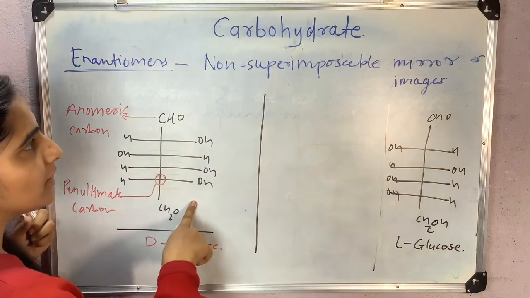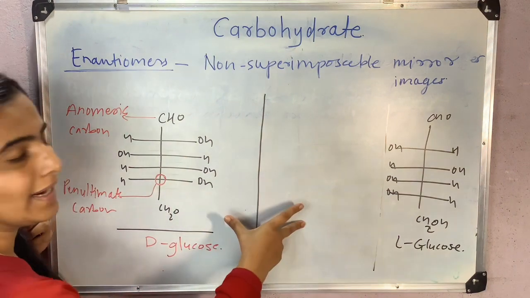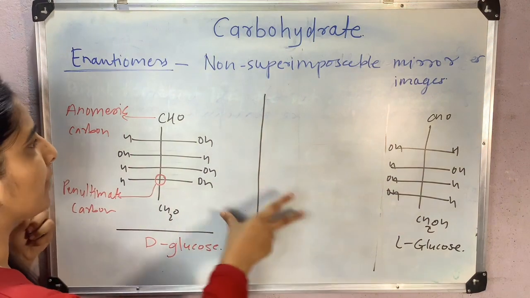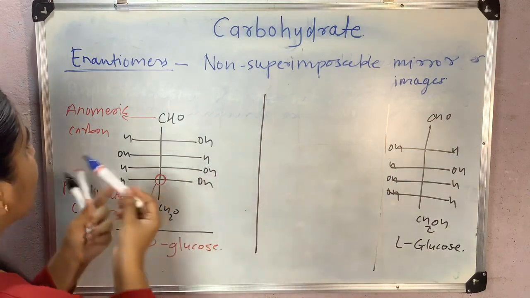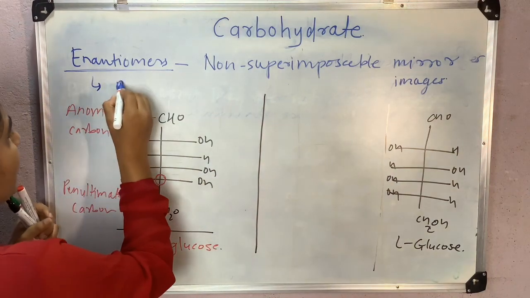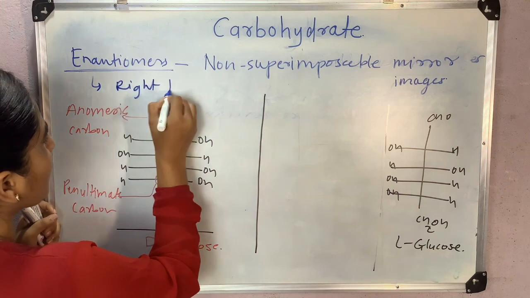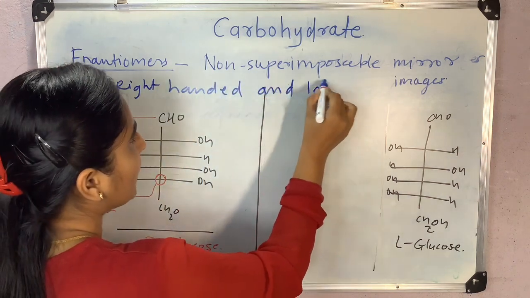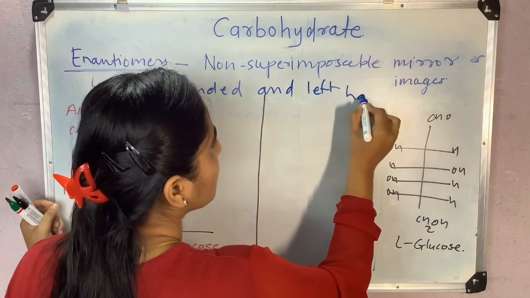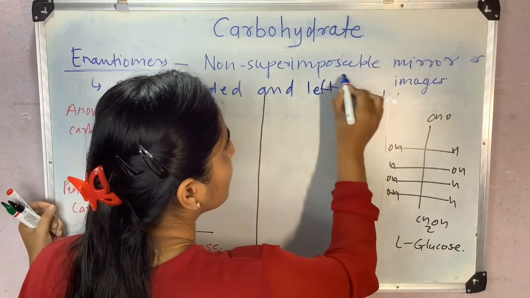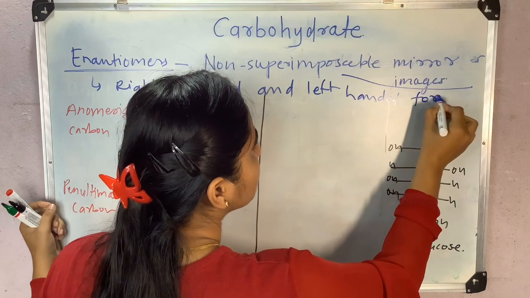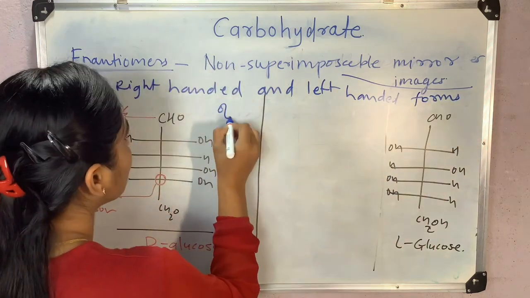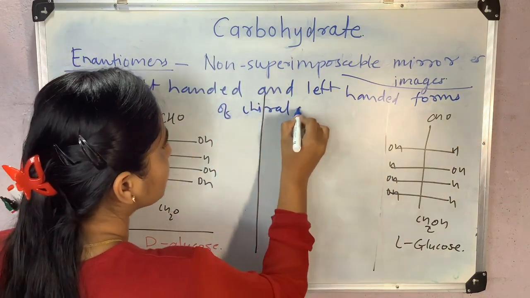They are mirror images of each other and they are non-superimposable mirror images. It means enantiomers can be right-handed and left-handed forms of chiral compounds.